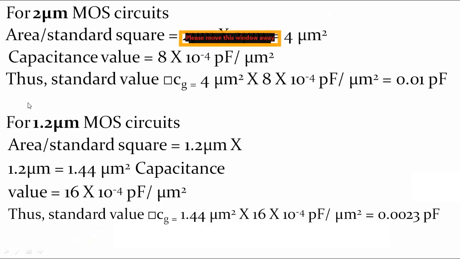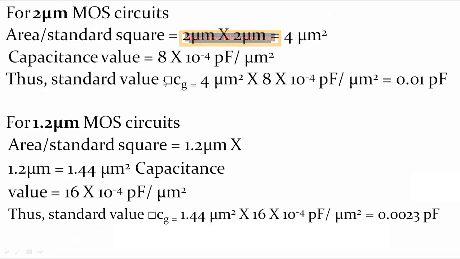Similarly, for 2 micrometers, the area is 2 micrometers into 2 micrometers, which is 4 micrometer square. The standard value is 8 into 10 to the power of minus 4 picofarads per micrometer square.